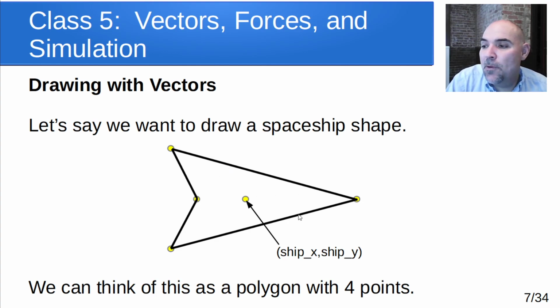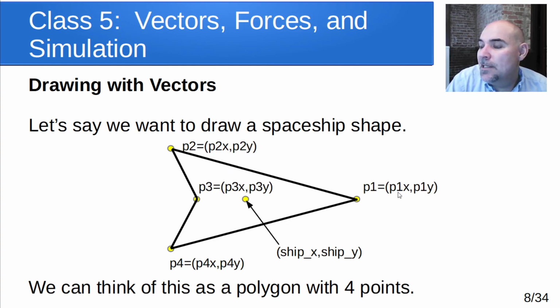With those 4 points, we might think of them as having their own X and Y values. So point 1 would be P1X, Y, P2X and Y, P3X and Y, P4X and Y, and then back to there again.